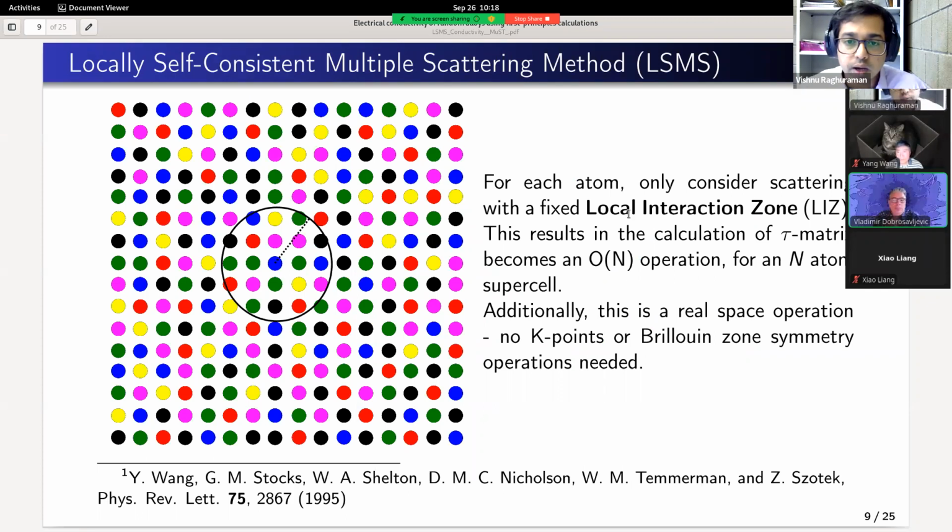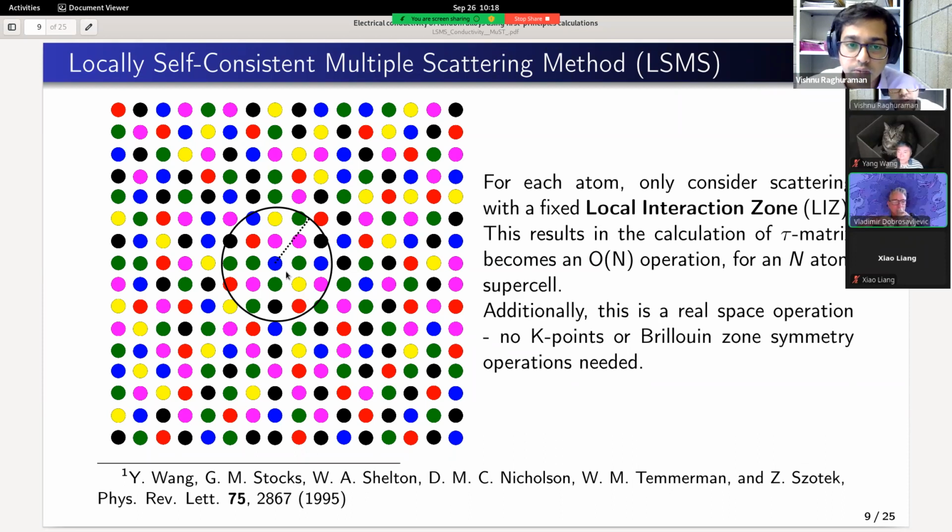And the idea is, if you have a random system, then the correlations do not exist to a very large distance. That means beyond a certain radius, you may not need to calculate the tau matrix; it may not be that important.